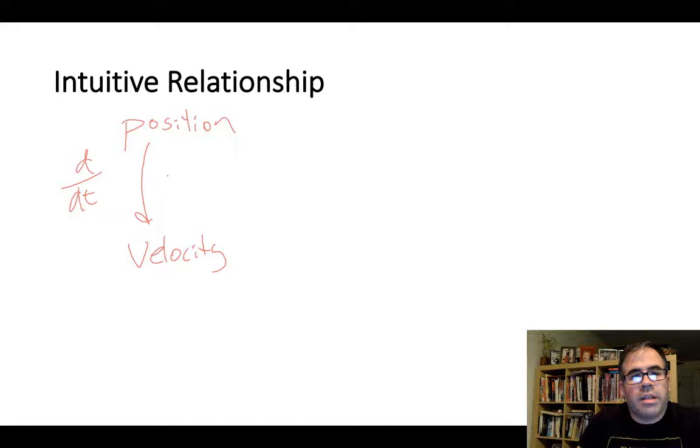So we knew that taking the derivative goes from position to velocity, but we just said going from velocity to position, well, that's the integral. So in some sense, the idea is that integration and differentiation are kind of inverse relationships.